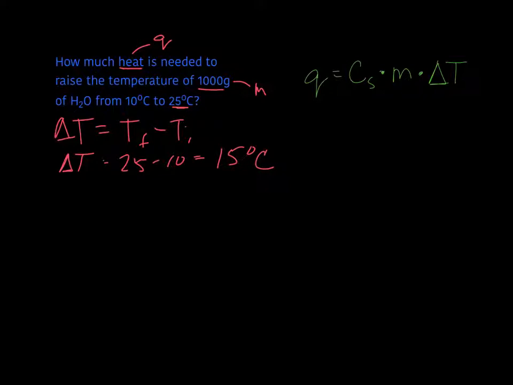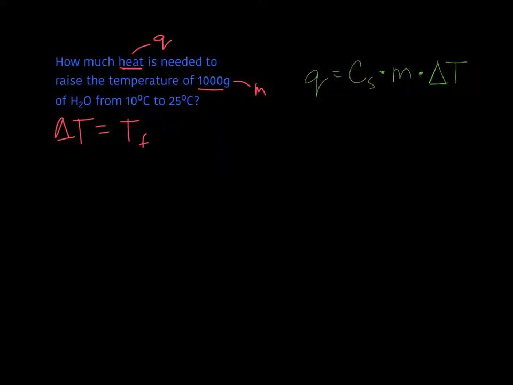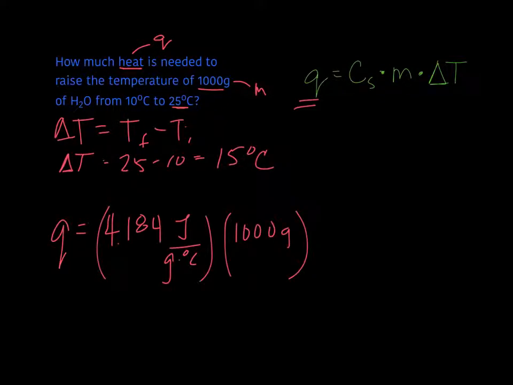And I'm going to be looking for Q, right? So I've got Q is equal to, now since this is water, 4.184 joules for every gram we want to bring up 1 degree Celsius, but we don't have 1 gram. We've got 1,000 grams. So I plug in 1,000 for mass, right here, right? The s for water is 4.184 joules per gram degree Celsius, and then our delta T is 15 degrees Celsius.